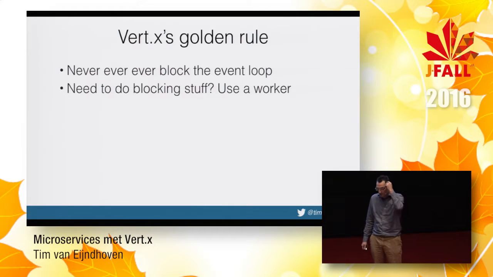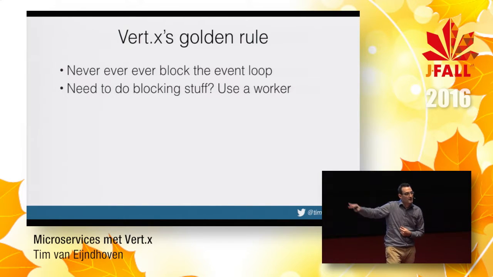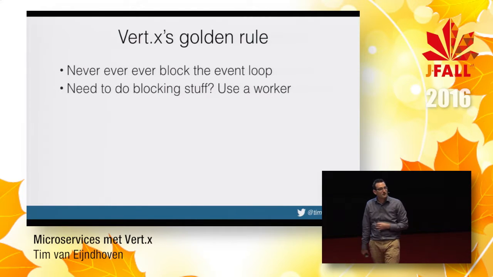That goes beyond the whole concept of Vert.x being an event loop based, reactor based system. It also has a thread pool for workers. So then it's a thread-per-request type of thing that you also have for your JEE applications. And that allows you to do the blocking stuff. So keep that in mind.